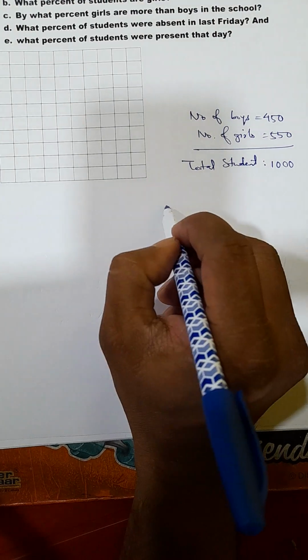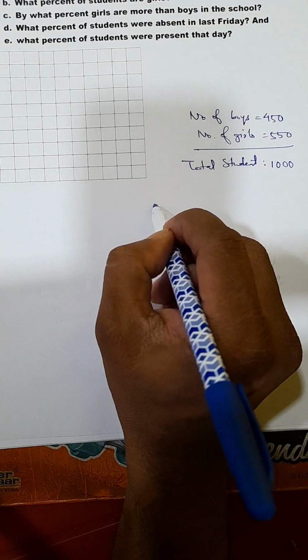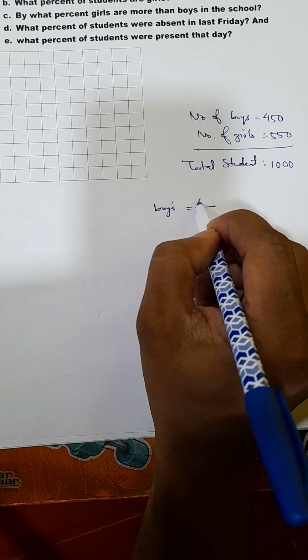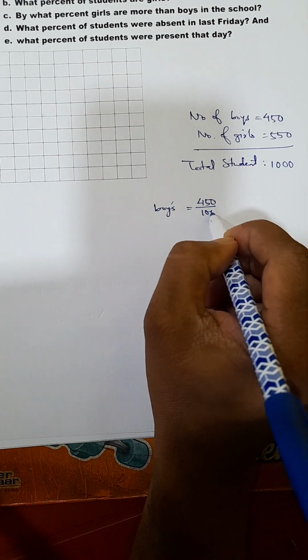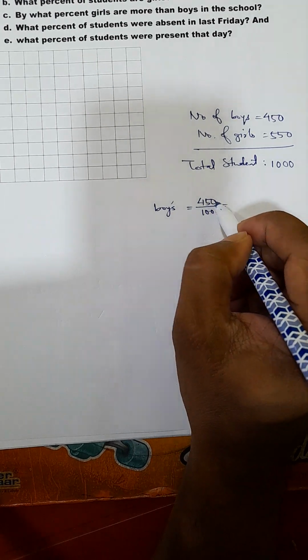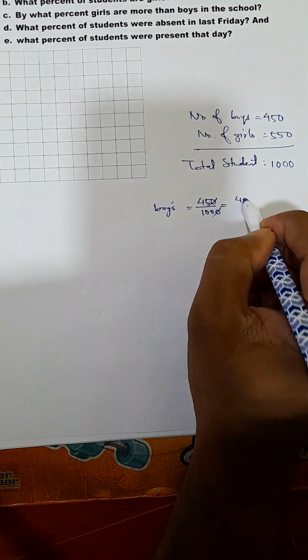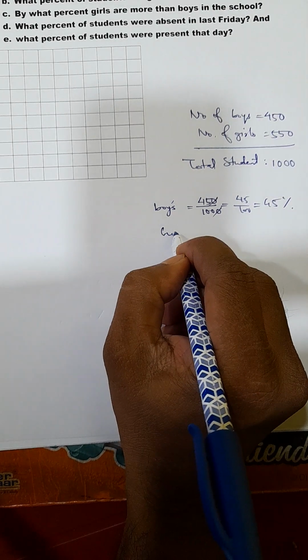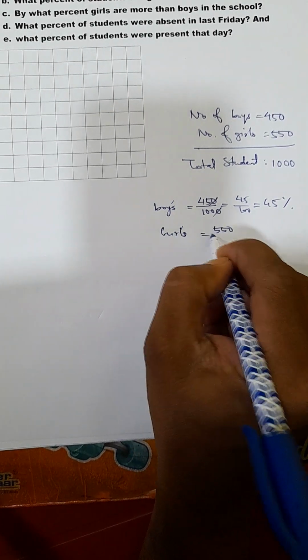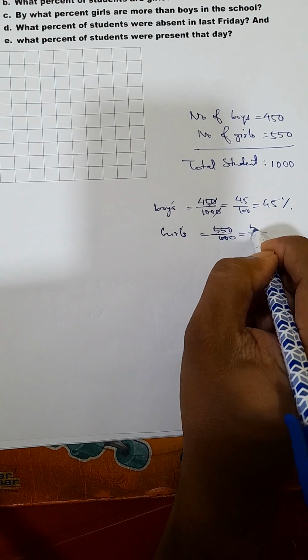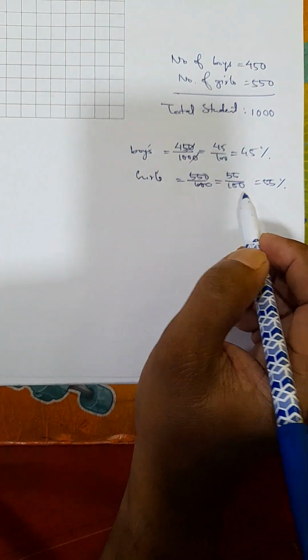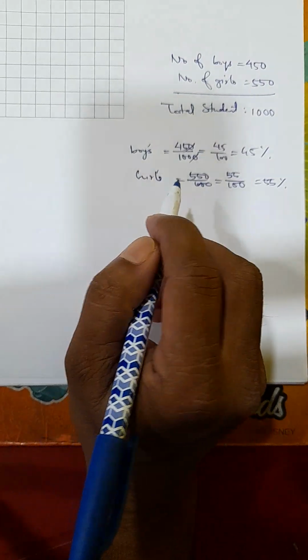Now out of 1000 students, boys are 450 out of 1000. You convert this into percentage, cancel 10, we get 45 by 100, that means 45%. Boys 45%. Girls: 550 divided by 1000, you get 55 divided by 100, that means 55%. So 55% are girls and 45% of the students are boys.